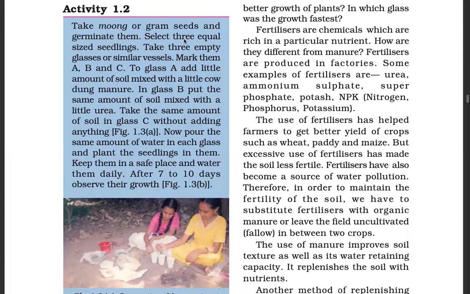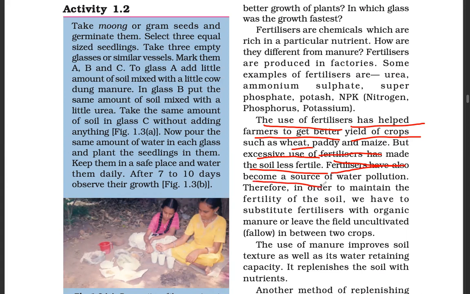The use of fertilizers has helped farmers to get better yield. Exactly. Such as wheat, paddy, and maize. But excessive use of fertilizer has made the soil less fertile. Obviously, then to make the soil fertile, we also need to add manures, right?